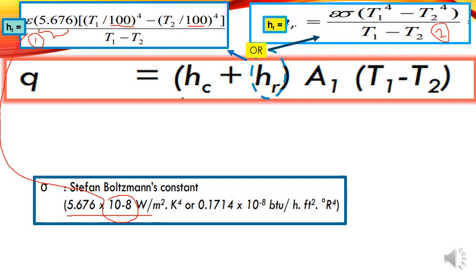The term here must use the full Stefan-Boltzmann constant. And in fact, if you look at the temperature here, you don't need to divide by 100. It's just the temperature itself, which is different to this term where you have to divide by 100. That's the only difference for HR.